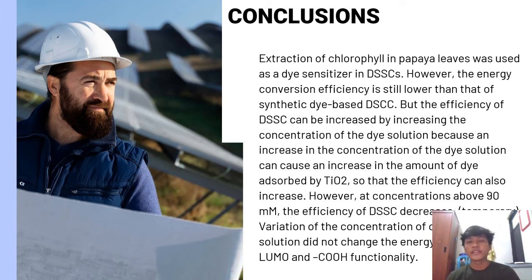The last slide is about the conclusion of the performance enhancement of dye-sensitized solar cells using a natural sensitizer. Chlorophyll that has been extracted from papaya leaves can be used as a dye sensitizer in DSSCs.